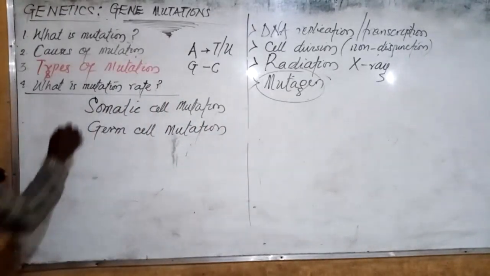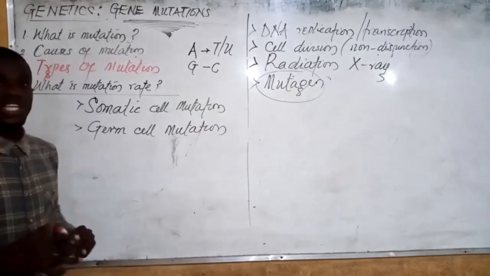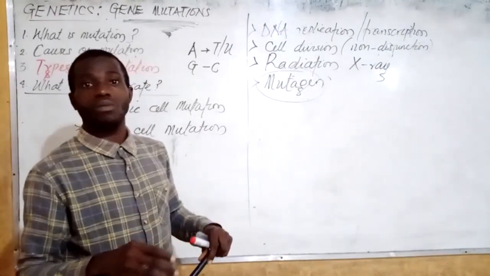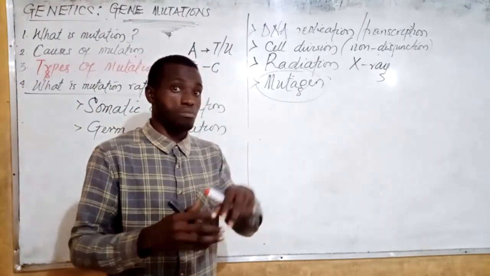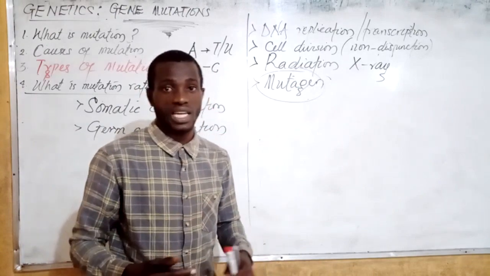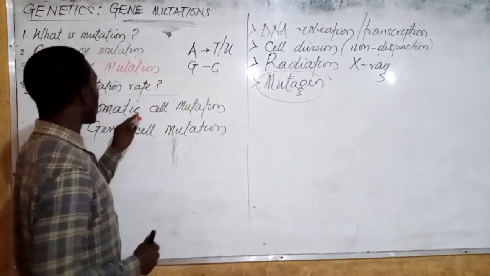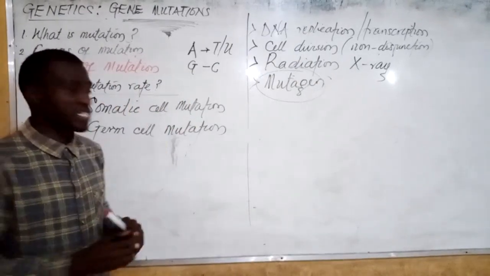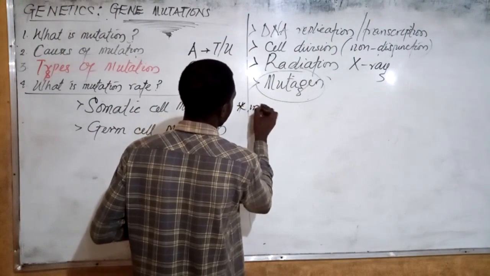In the somatic mutation, the basic difference is this. The cell, of course, will experience some alterations. I mean, the cell will experience some changes, maybe in the size, in the function, in the form of proteins in it, and the rest of that. But the major difference is that it is not inheritable.